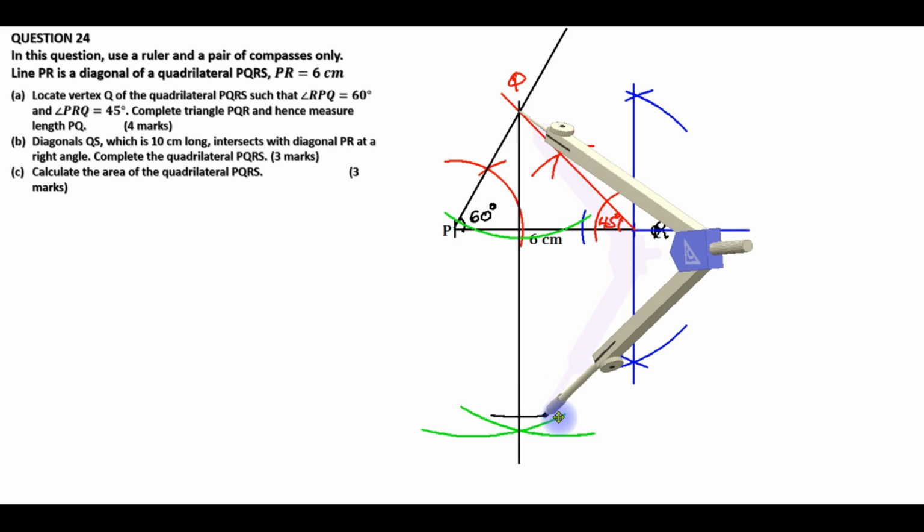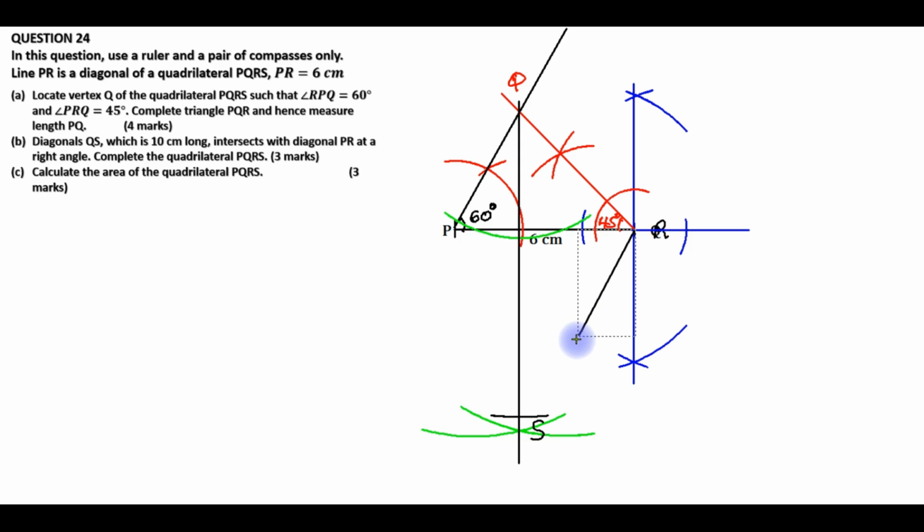So that's where it is, and that is S. Therefore, from there, now I'll join RS. I'm going to join RS. So you join RS, then P to S.